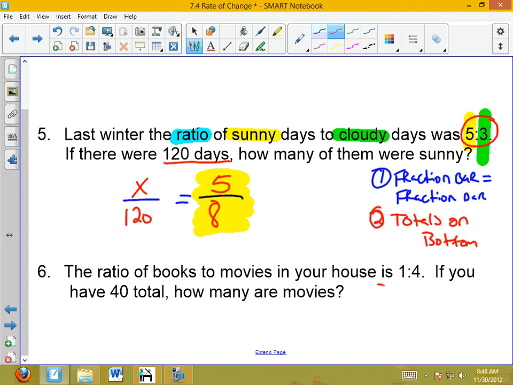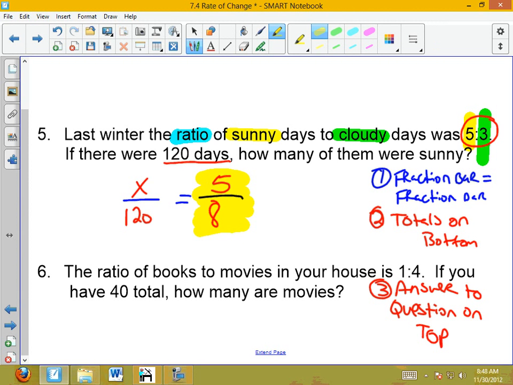So step 3, answer to question on top. What's my question? My question is, how many of the days are sunny? That's my question.